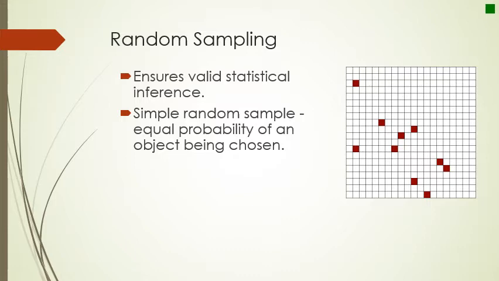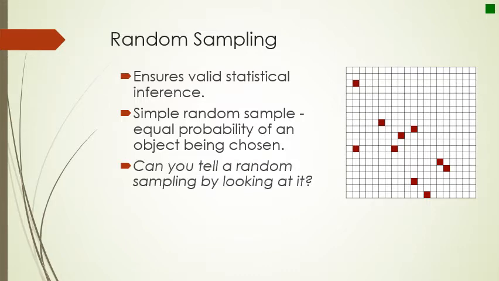Now, one thing you have to be careful about is you can't tell whether a sample is random simply by looking at it. These 10 points that you see here were chosen randomly, and you see that they're not well distributed across the entire study area. That upper right hand corner is not well represented by this particular random sample, and you will often see that kind of thing occurring.